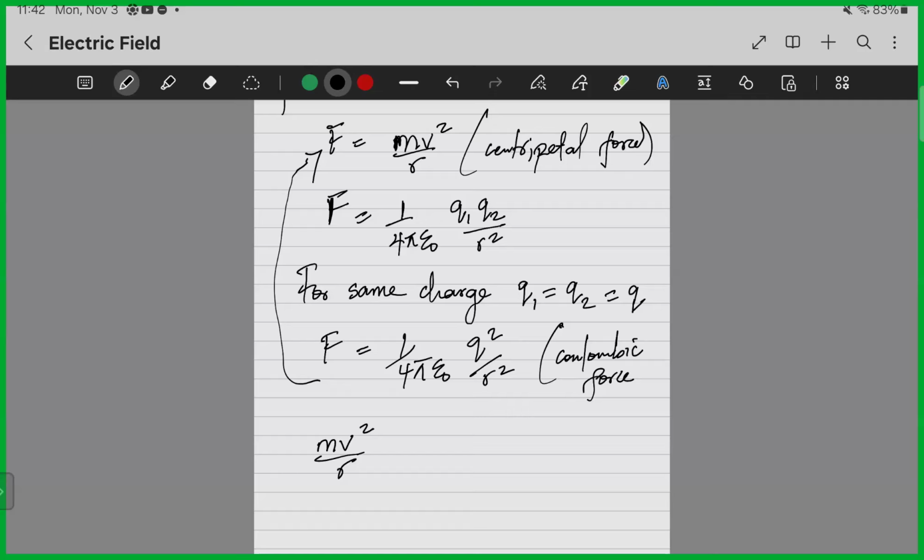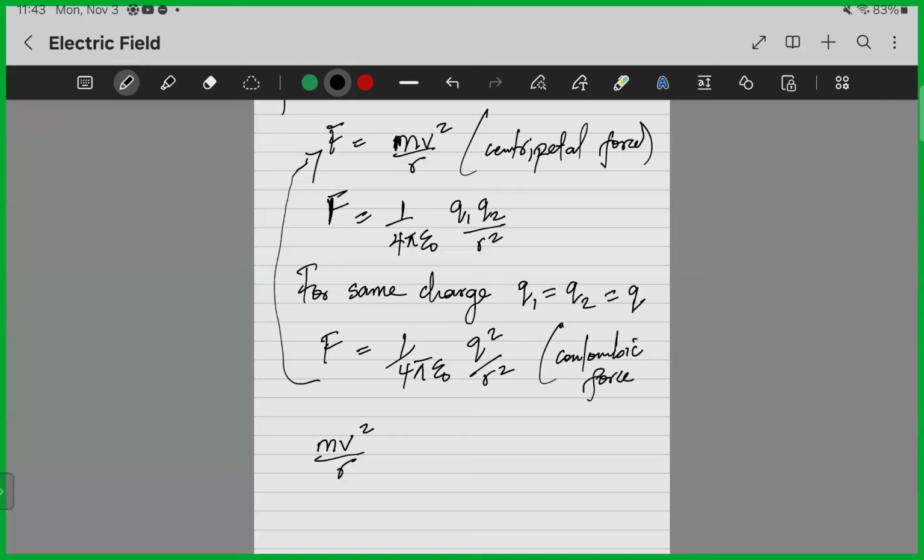So mv squared over r, that's this, okay.